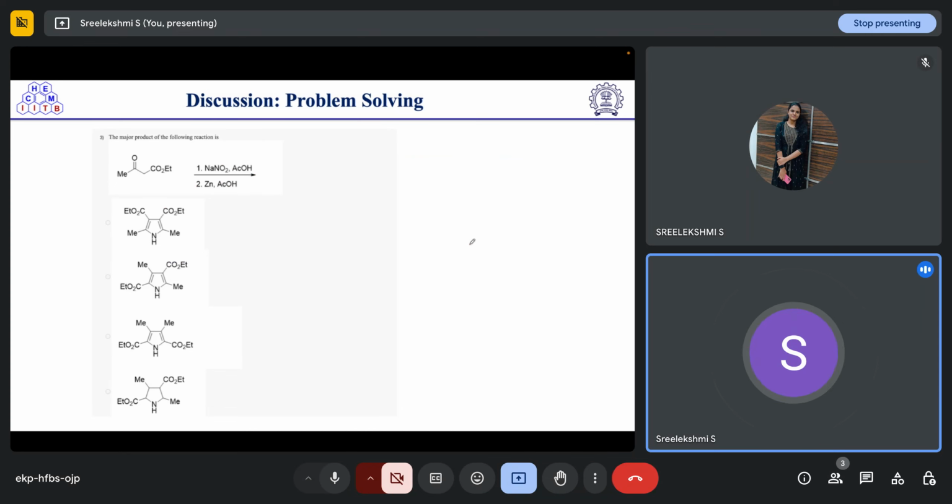The next question is, this compound upon treatment with sodium nitrite and acetic acid and in the second step zinc and acetic acid, which will be the major product?